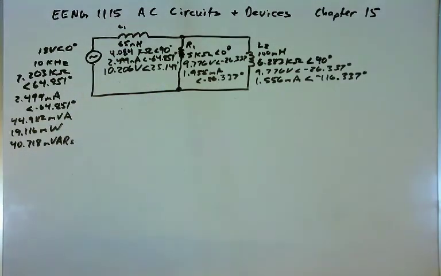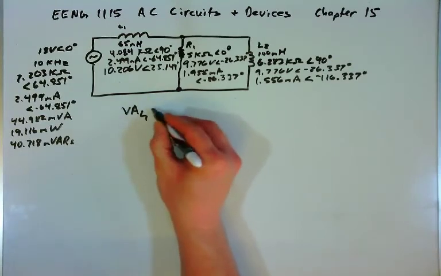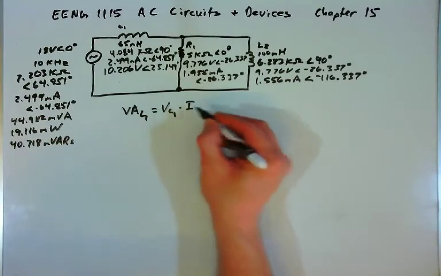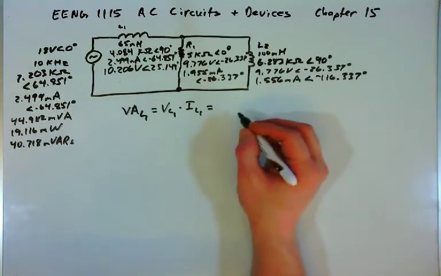Now let's look at inductor number 1. The volt amps for inductor 1 will be the voltage of inductor 1 times the current through inductor 1 without any regard for the angles.